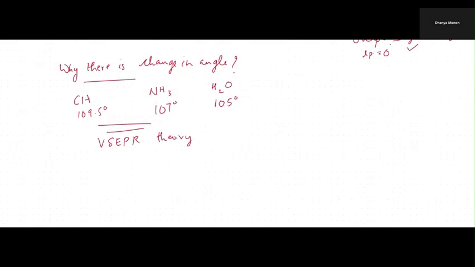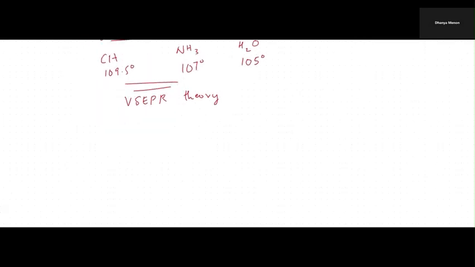Okay. Now, according to this theory, the electron pairs, whether it's the bond pair or the lone pair, all of them try to be away from each other.